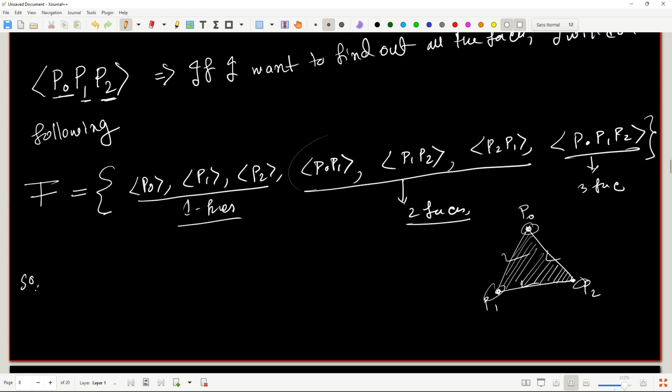Whenever we have faces, that means the value of q is strictly less than the value of the r simplex. It can be equal, q equals r, but in that case we don't call it a proper face. So whenever q is less than r, we call them proper faces. Let me write that down.